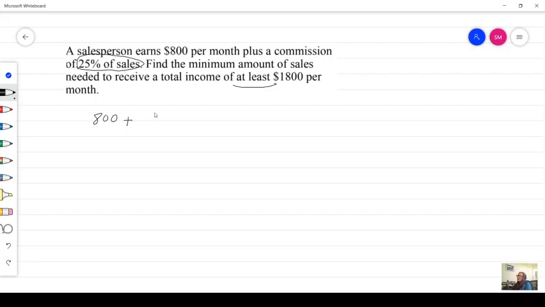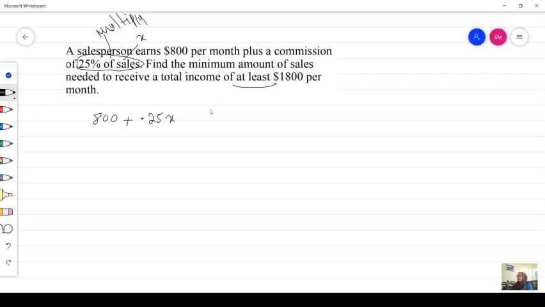So I'm going to keep the sales as x, and of means multiplication. Always change the percent into a decimal, so I'm going to change it to 0.25 times sales, x, that I don't know. Of means multiply, because I need to know the percent of something, the sales.